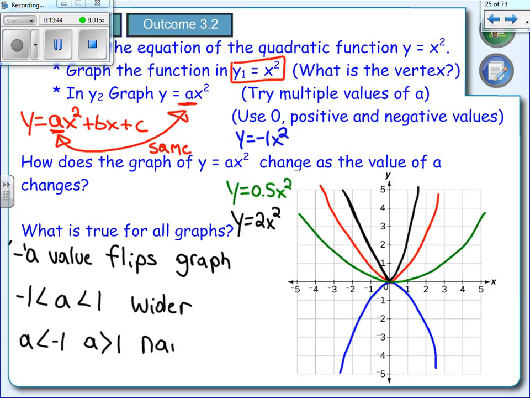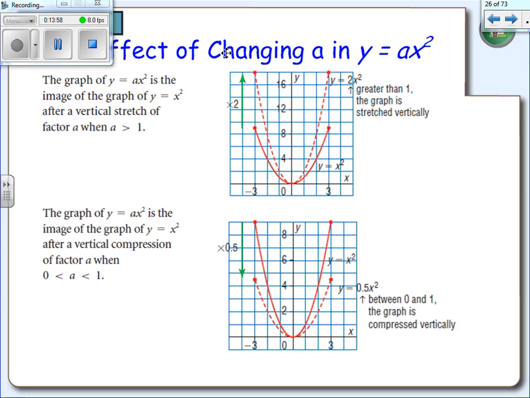The closer to 0 you get, the wider your graph. The further away from 0 you get, the narrower your graph. Again, here's a couple slides just demonstrating that. So this is showing the wider, skinnier version, and then it's showing that it actually works for flipping as well.